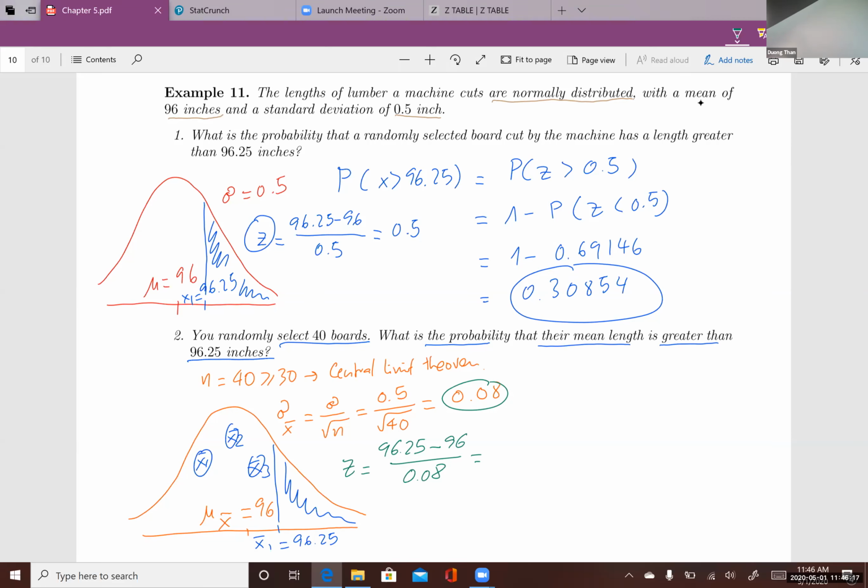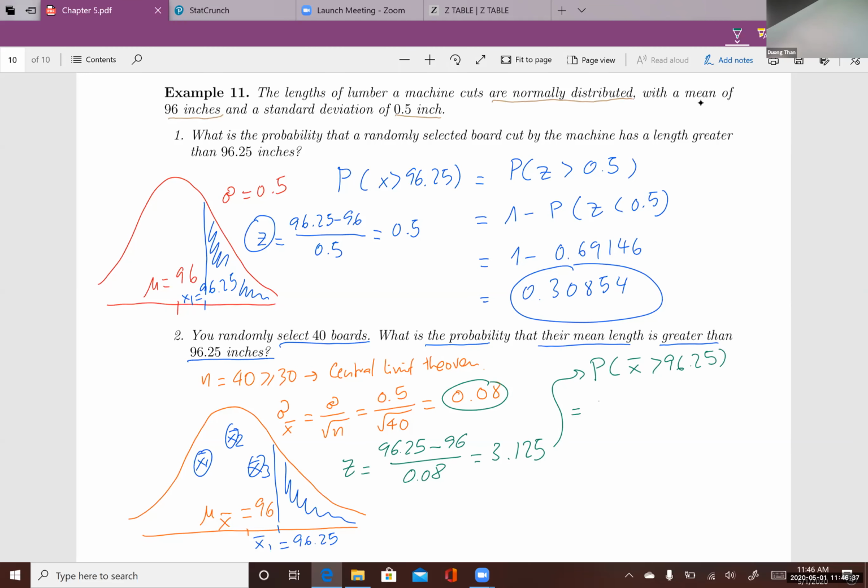It's going to give you 3.125. You have a huge z value compared to the z value up here. Then you can find the probability that x bar is greater than 96.25.